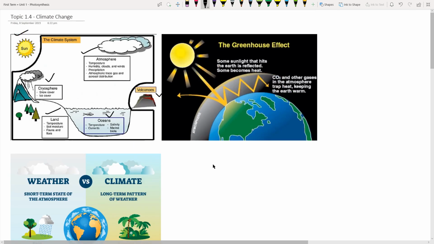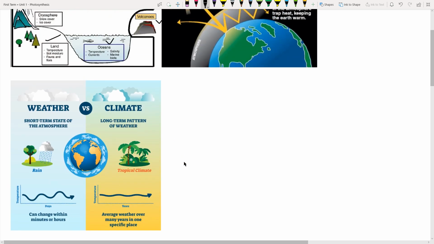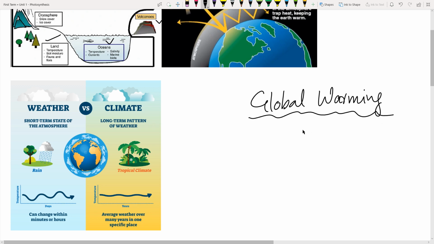So why is climate change important? We understand that we're currently facing the problem of global warming. So let's start with what we know. Global warming is something which I guess everyone, even every child, knows about: the increase in temperature of climate.